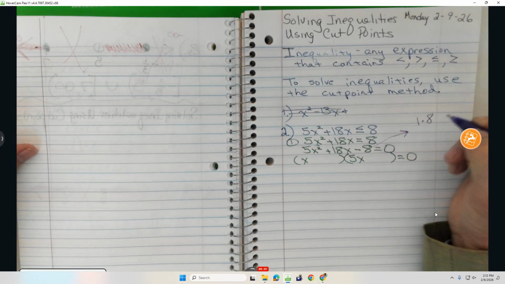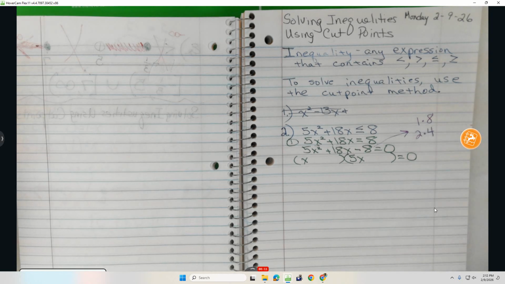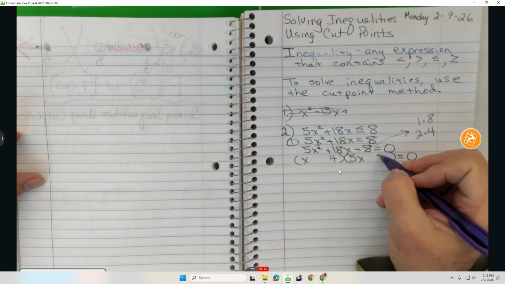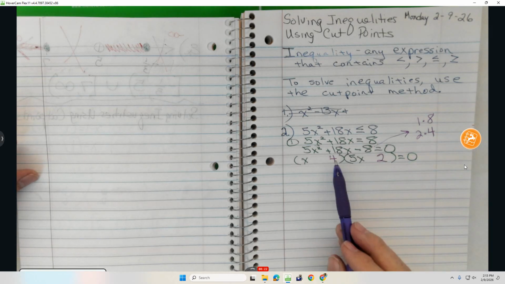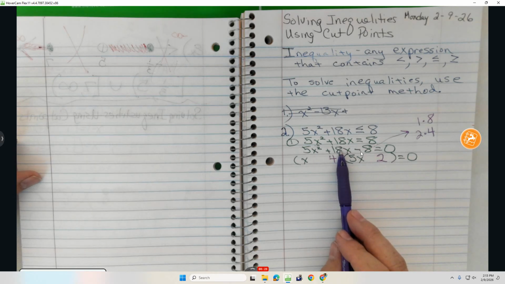It's only 2 possibilities, 1 times 8 and 2 times 4. I think we're going to need a 2 times 4. Do y'all see it? Put the 4 here, the 2 here. That's a 20x. That's a 2x.